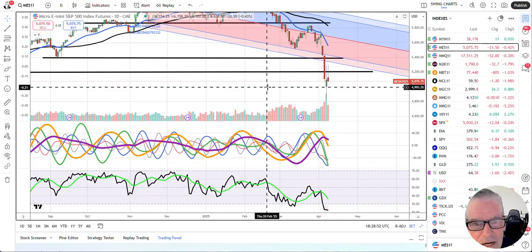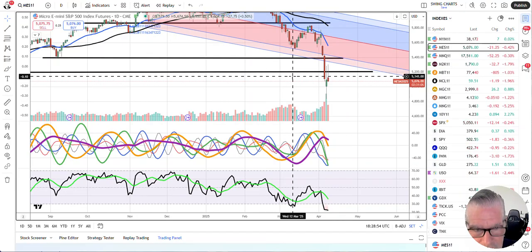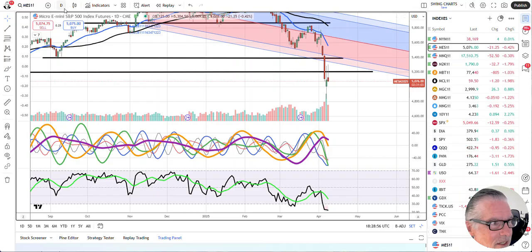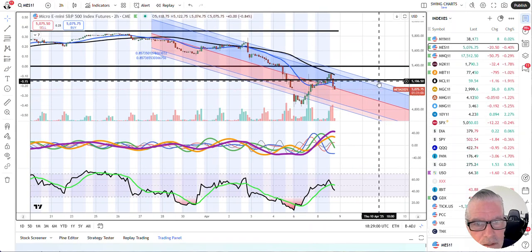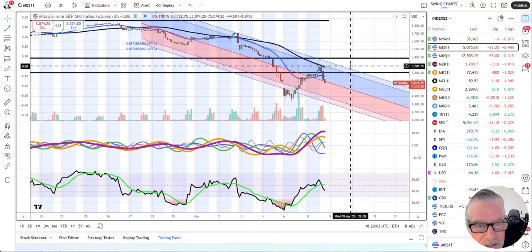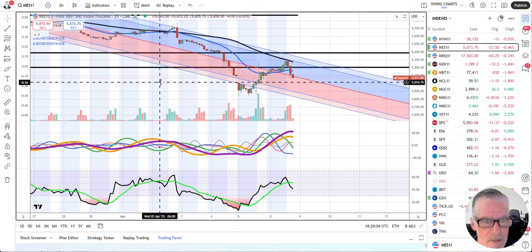Okay. So got up to 5,300, and let me show you what was going on in the 2-hour chart, because this is not looking so good right now. This is a chart that we use to determine when we are starting to see, after a long pullback like this, some bullish things happening.